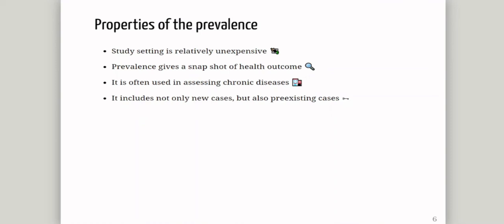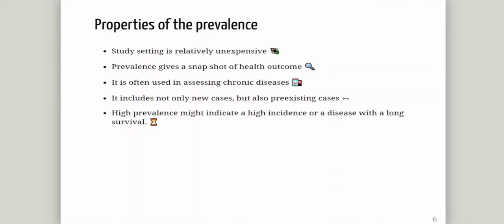So this also is related to when we have, for instance, a high prevalence. A high prevalence may indicate that we have either a high incidence or that the disease has a long survival. Think, for instance, of diabetes. It has a long survival, well, relatively long compared to others.